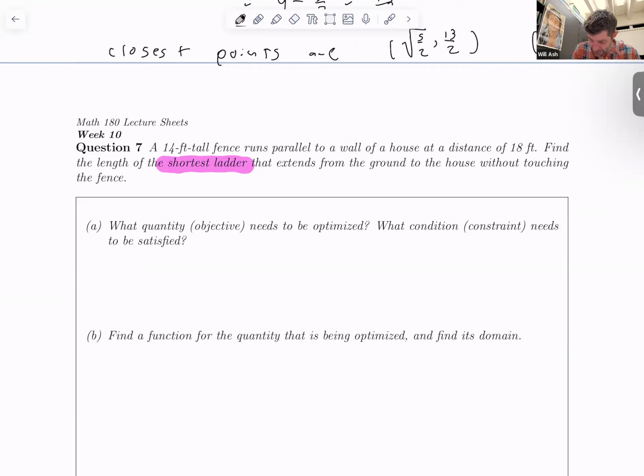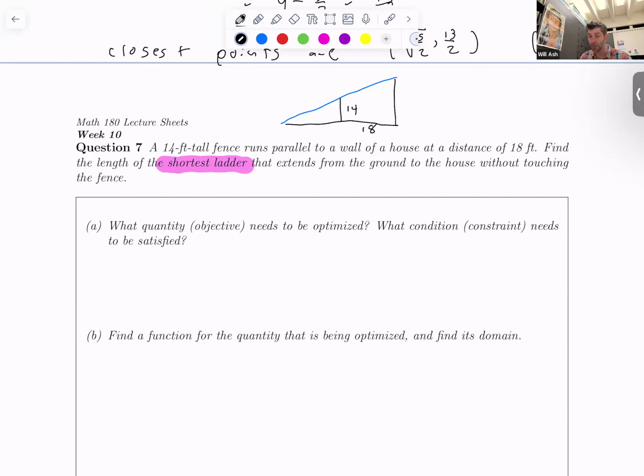Anyway, what I have is a house, and then I've got a 14-foot tall fence. There's the fence. Then I've got this ladder coming like that. Oh, and it says that it's 18 feet from the house.